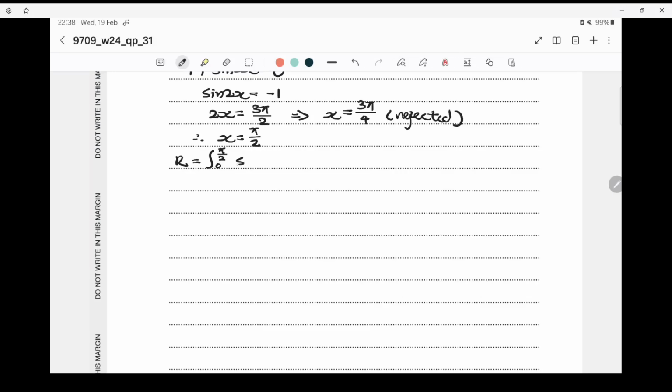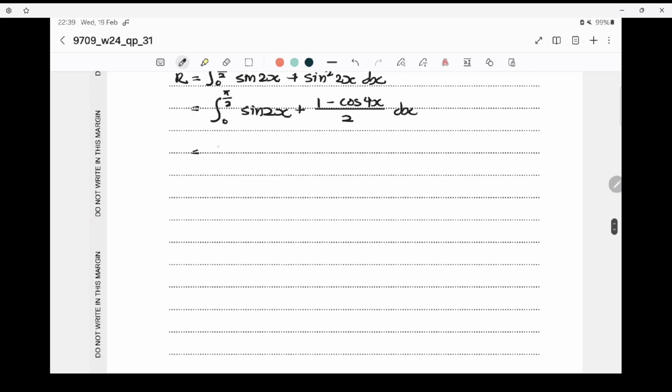You integrate sine 2x plus sine square 2x dx. So here you need to make use of double angle formula. So sine square 2x is 1 minus cos 4x divided by 2.